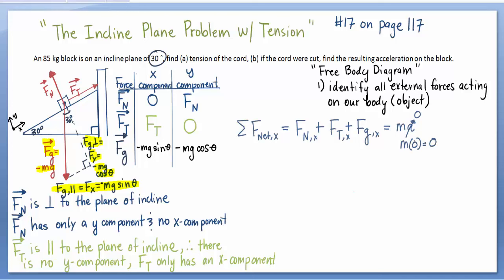So we can substitute for ma, we can put in 0. Since we're running out of board space, let's put 0 here. Now, Fn, we know that's in the x direction, we don't have to write that, plus Ft plus Fg, that is equal to 0.